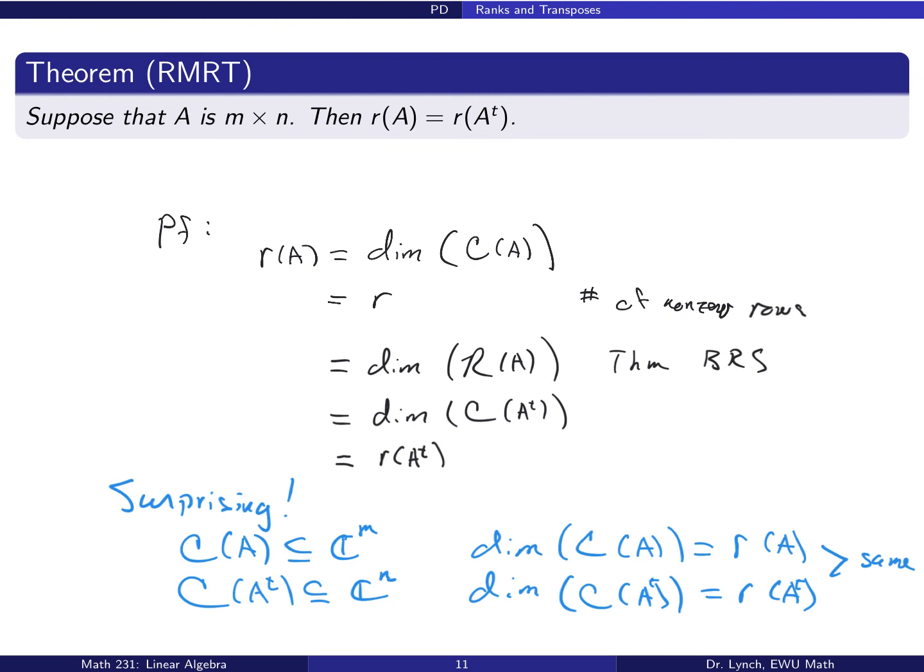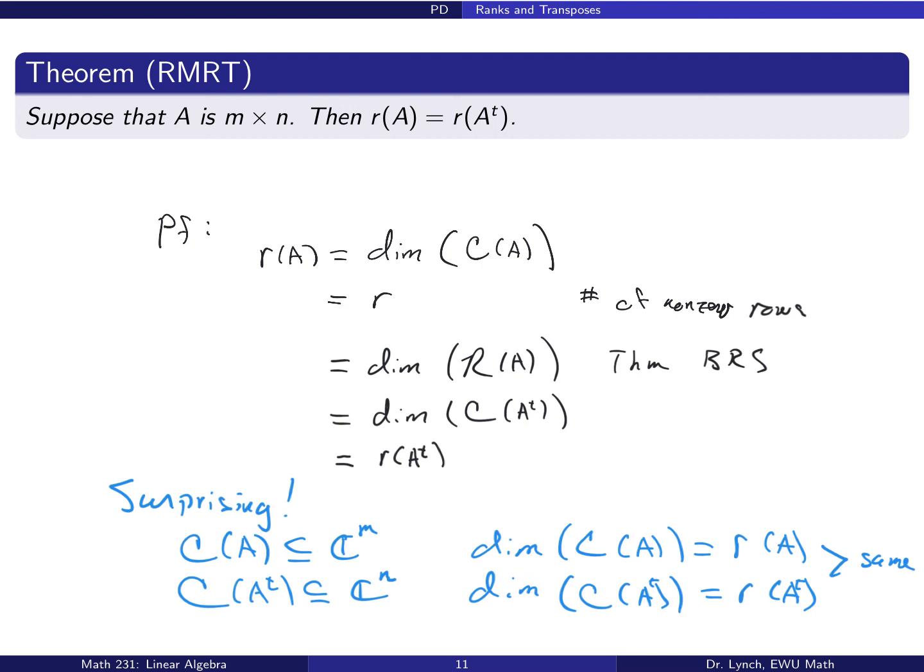Okay, so this is rather surprising, right? The column space of A is a subset of Cm. The column space of A transpose is a subset of Cn. Those are totally different creatures altogether, but they have the same dimension.